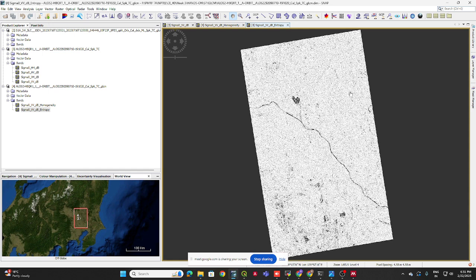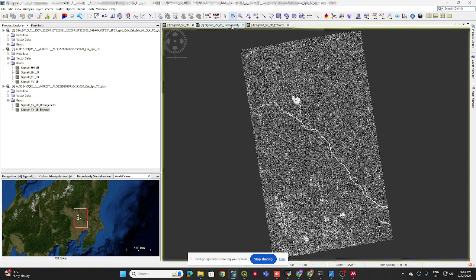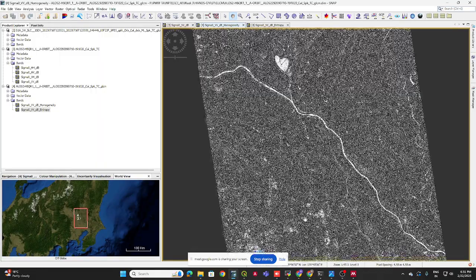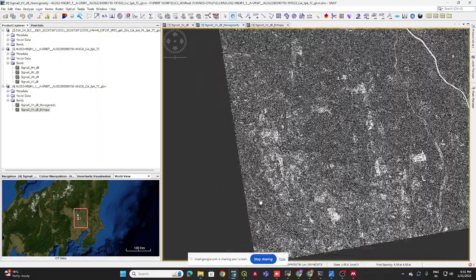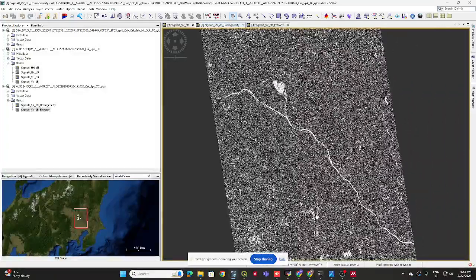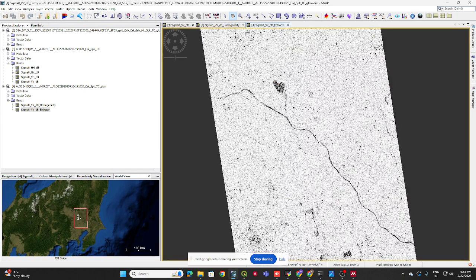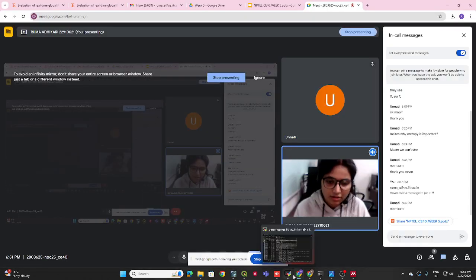Not much building, this is mostly vegetation, water and hill. So here there is not much response like this, and you'll get some higher entropy here also. So I think we have seen the ALOS-2 application.